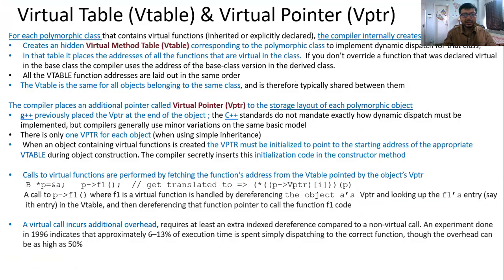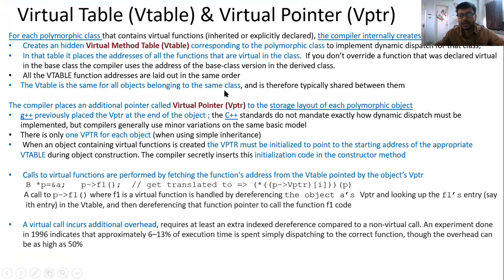Before we end this lecture, I will try to summarize. We found that the compiler internally creates, for each polymorphic class, here class B and D, a virtual method table or V table, one for each class, and the V table is the same for all objects belonging to the same class.